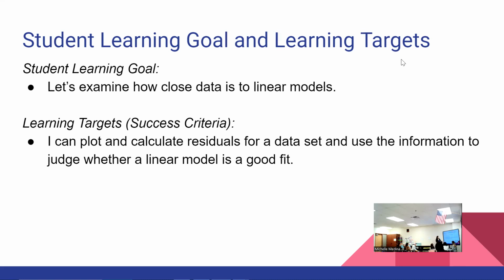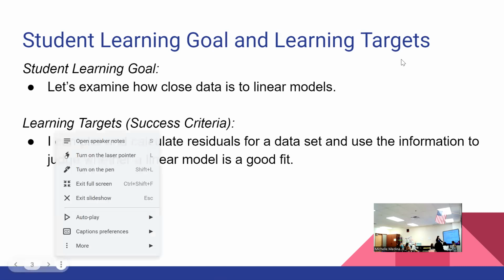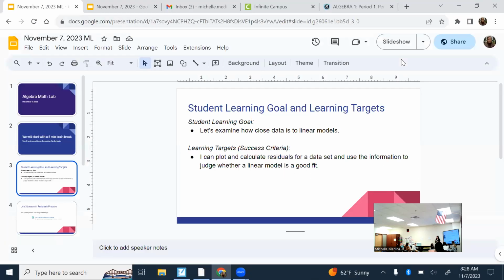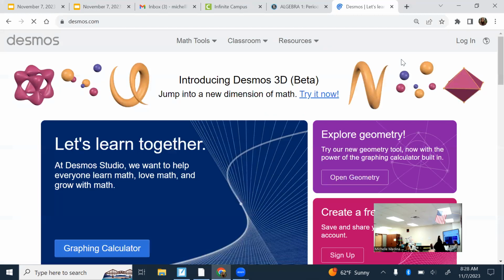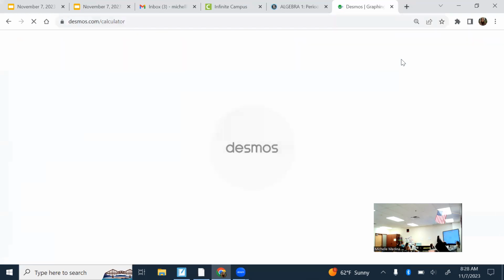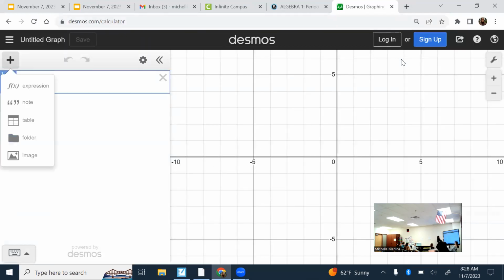So, do we all know how to put it into Desmos? How to plot a residual plot in Desmos? Okay, so then let's see. I'm just going to give a random set of data, like you will usually be given.